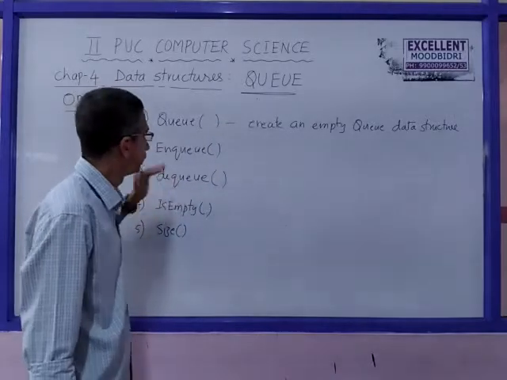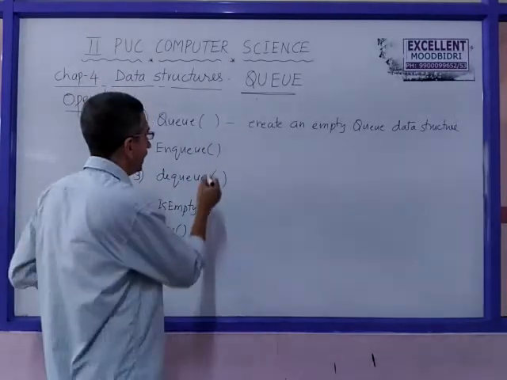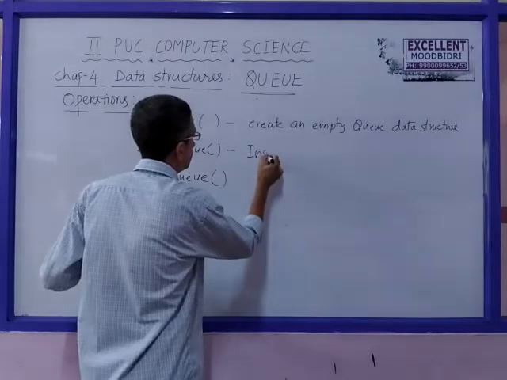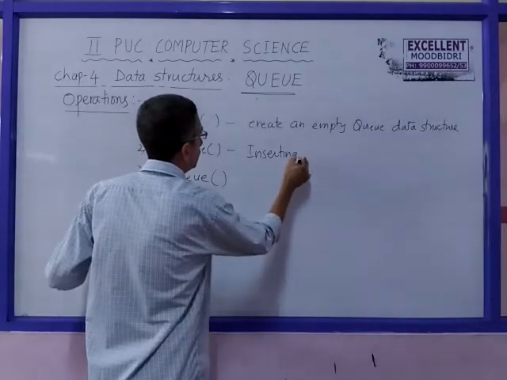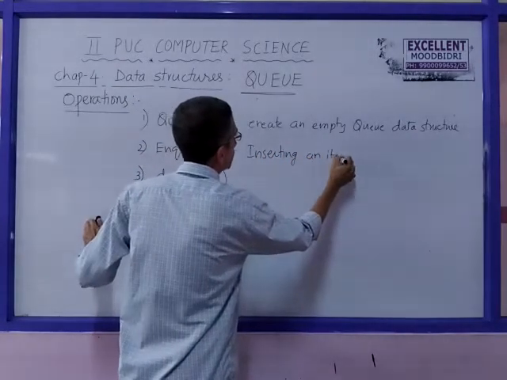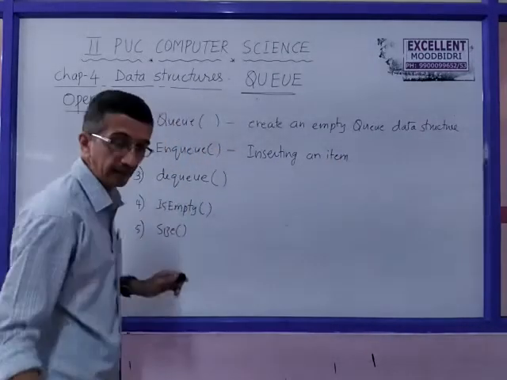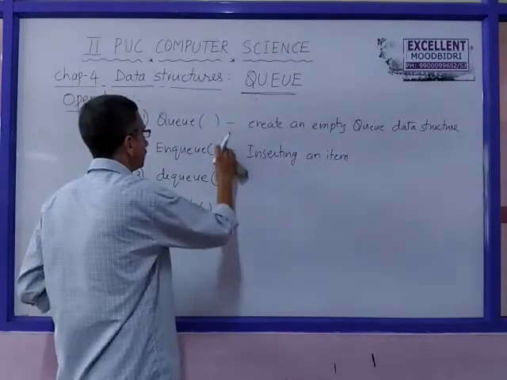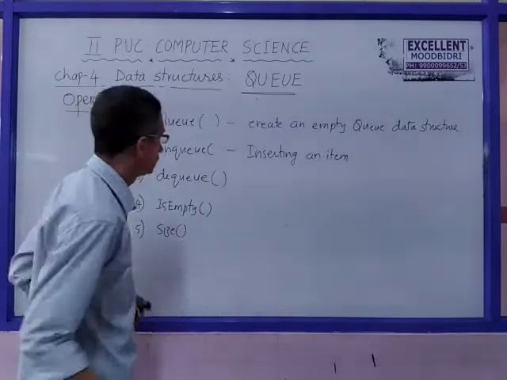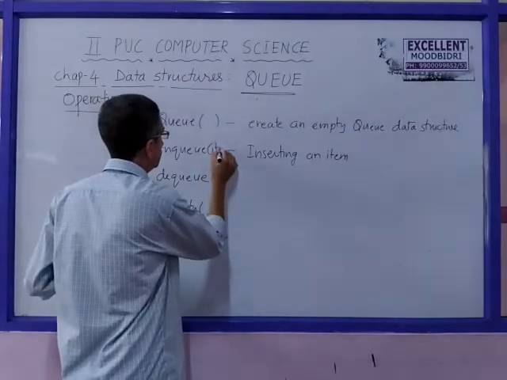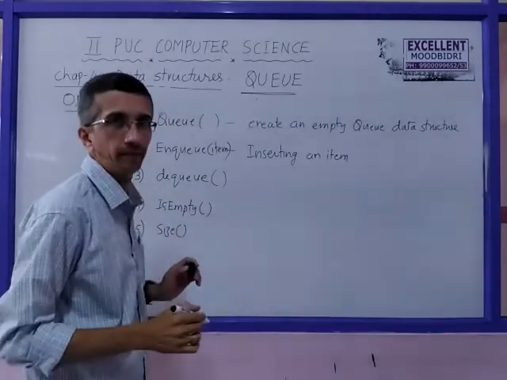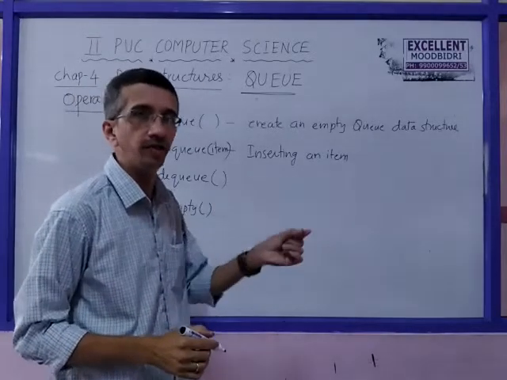Next, NQ and DQ. As we have discussed, NQ means inserting an item. Here we require an item as the parameter. You have to supply which item has to be inserted.